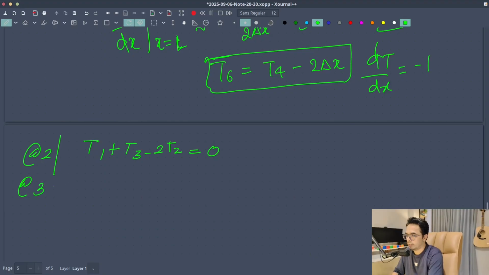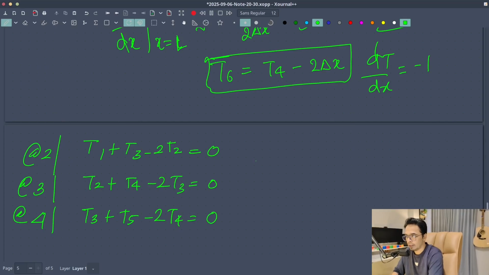At 3, we have T2 plus T4 minus 2T3 is equal to 0. At 4, we have T3 plus T5 minus 2T4 is equal to 0. And now here comes the beauty.